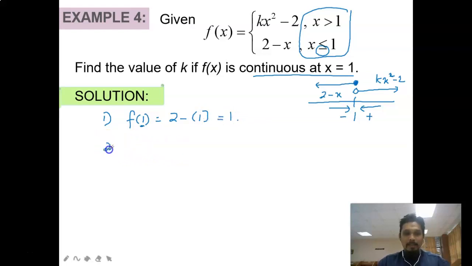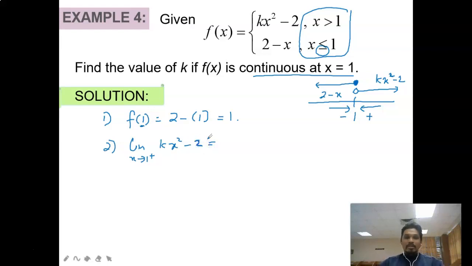Okay, and then we take the limit on the opposite side. First just now we tested when x equal to 1 from the function of 2 minus x, because it is including 1 here. But then we compare with the limit on the other side: the limit as x approaching to 1 from the right side of kx squared minus 2.